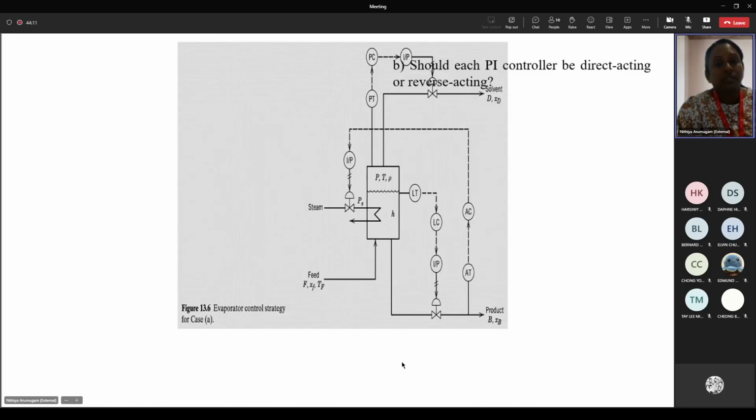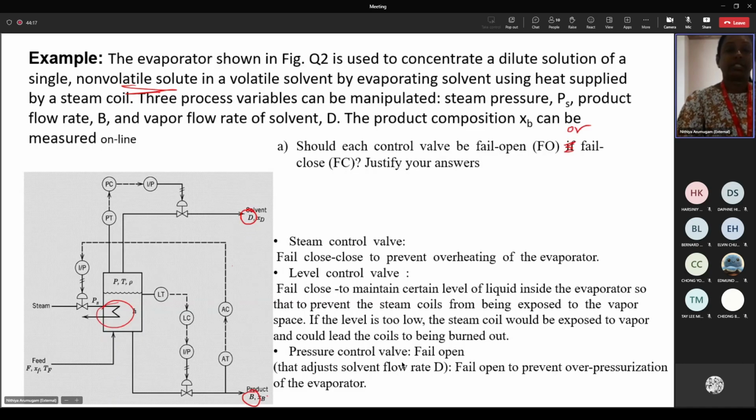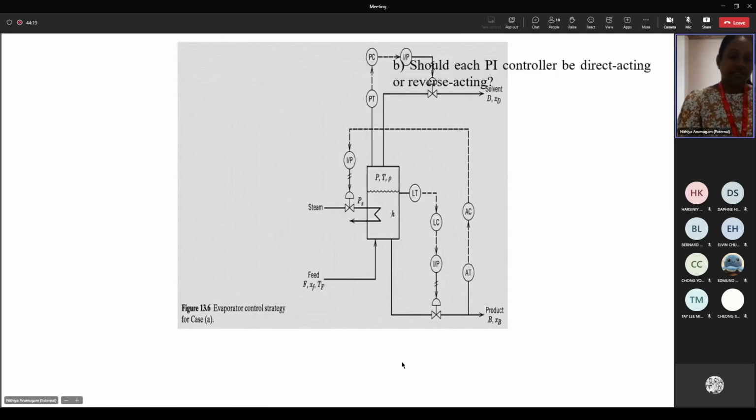If we have the similar process diagram here, we have this concentration controller for the product concentration XB. As XB increases, we want the steam pressure PS to reduce the evaporation process. This is the signal given to the pneumatic valve here.